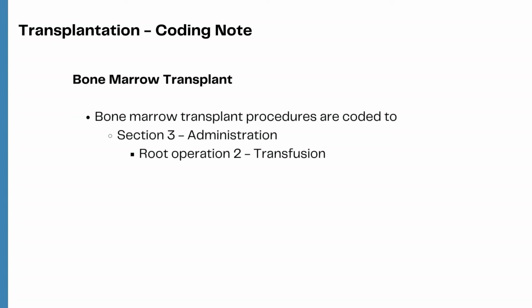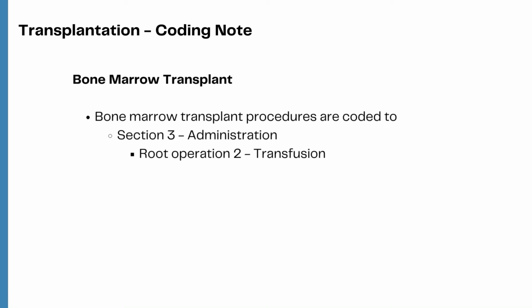Another important point you need to remember: bone marrow transplant procedure. Even though this is called a transplantation, bone marrow transplant is coded to the administration section of ICD-10-PCS. We are talking about the medical and surgical section for the most part, right? But when it comes to bone marrow transplantation, the first character of the PCS code should be administration, or it starts with 3.